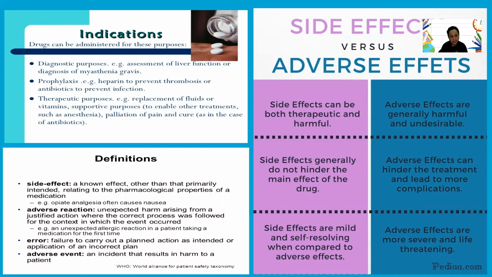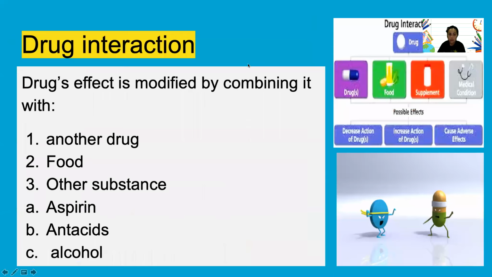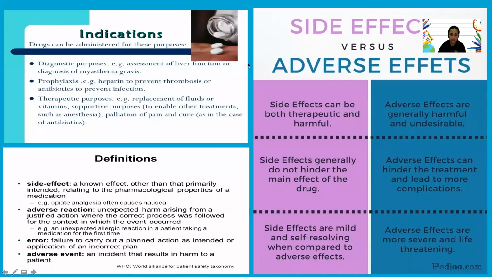Then, we have also side effect and we have adverse effect. Okay, dito lang tayo mag-focus sa adverse effect and side effect. So, pag sinabi nating side effect and adverse effect, anong mas malala? Ang mas malala ay ang adverse effect. Side effect is the expected effect of medication.